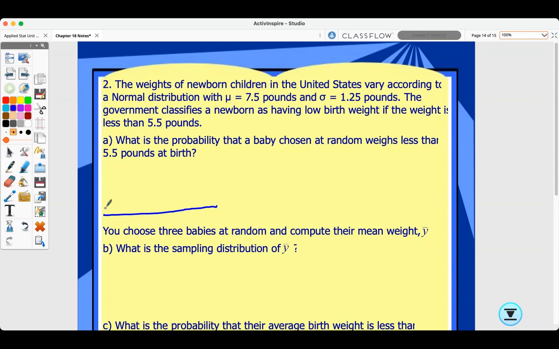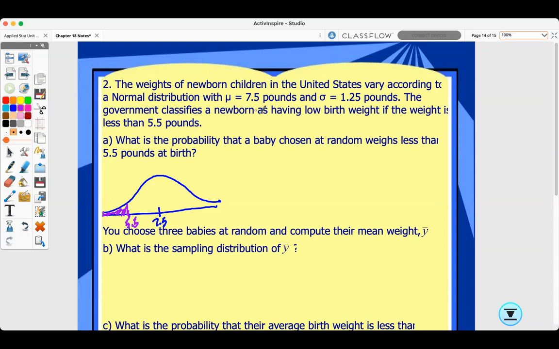It's the normal model with our mean 7.5, and we know that 5.5 is less than 7.5, so 5.5 would be here. And we're finding this probability that we have in purple.